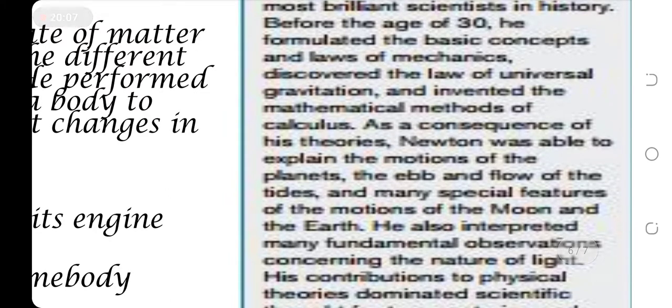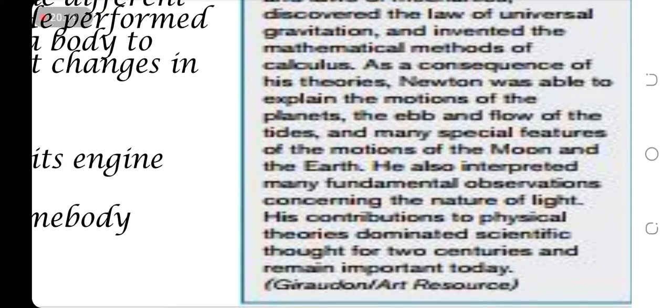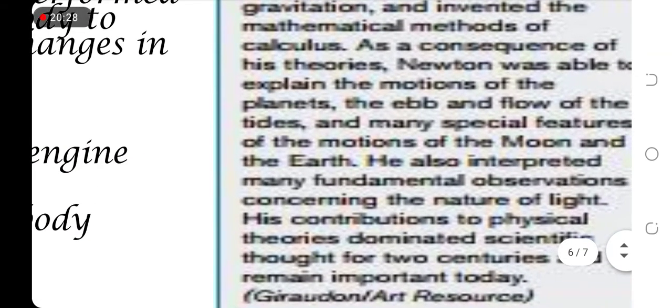As a consequence of his theories, Newton was able to explain the motions of planets and the ebb and flow of tides and many special features of the motions of the moon and the earth.